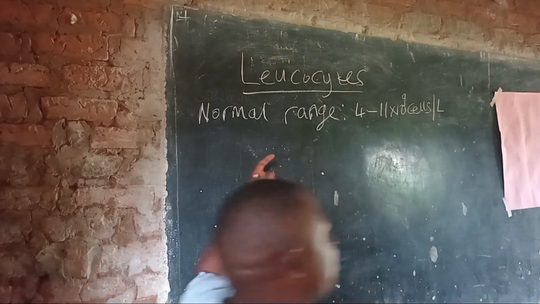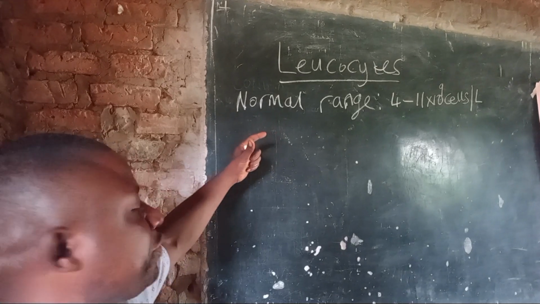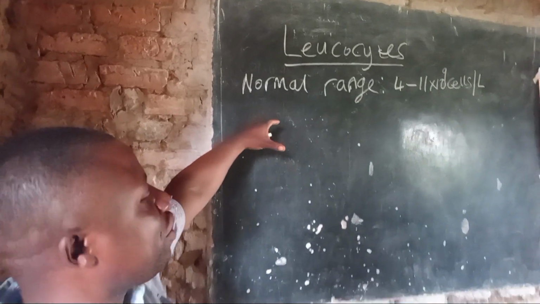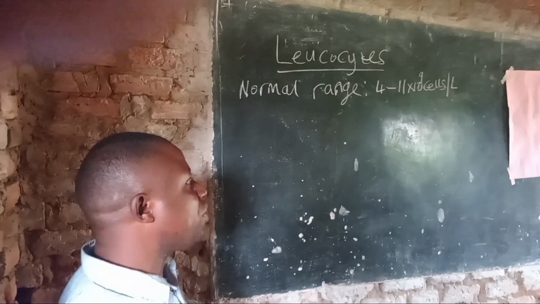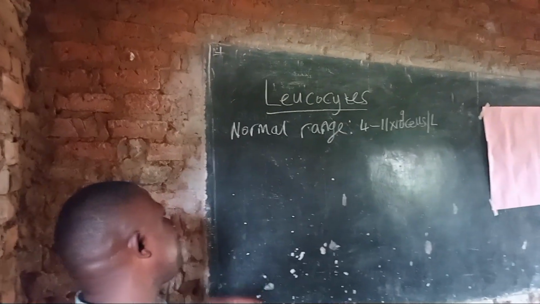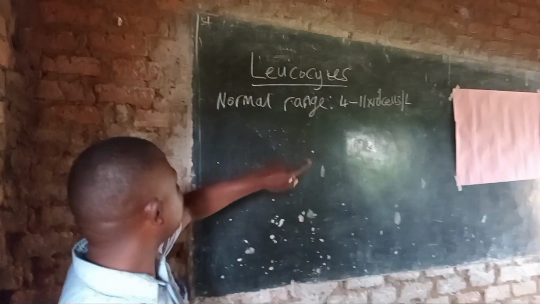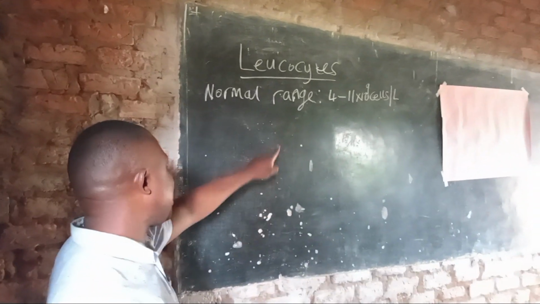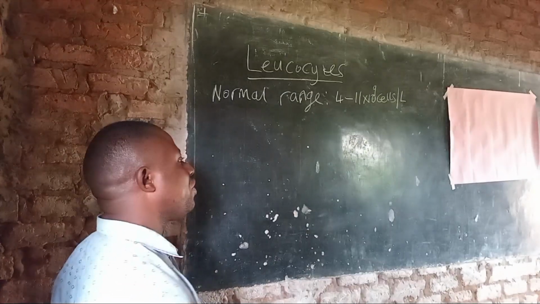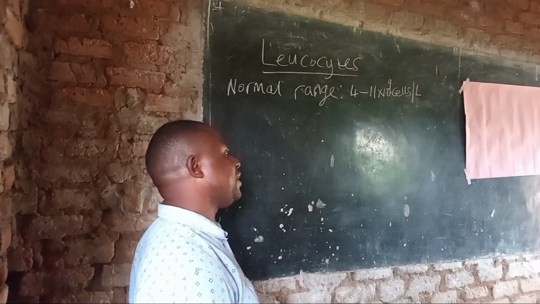But this sometimes differs depending on the activities you are doing and the state of the day. There are certain conditions that may lead to a difference in this normal range. That's the normal range. Let us look at the different types of the leukocytes.